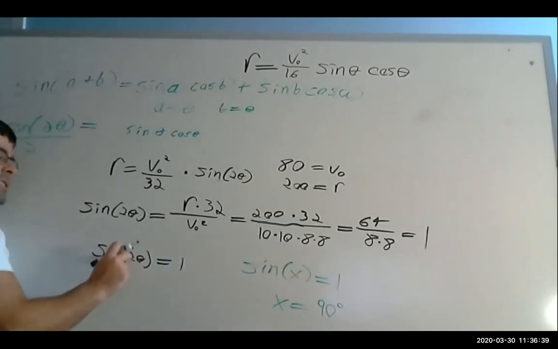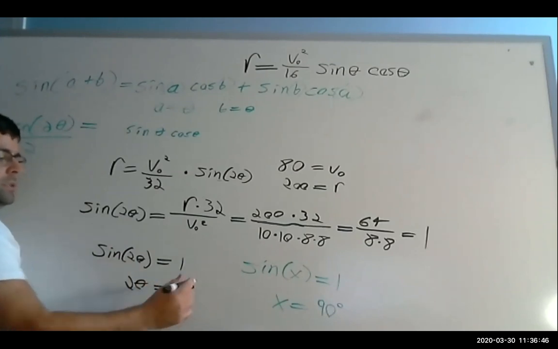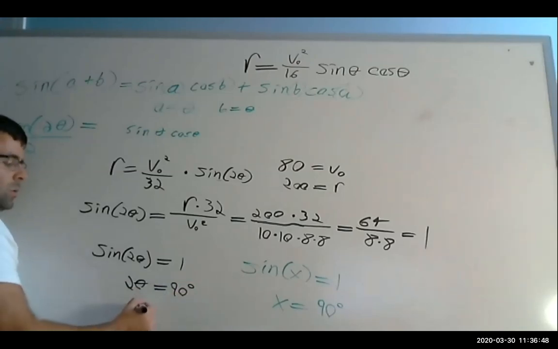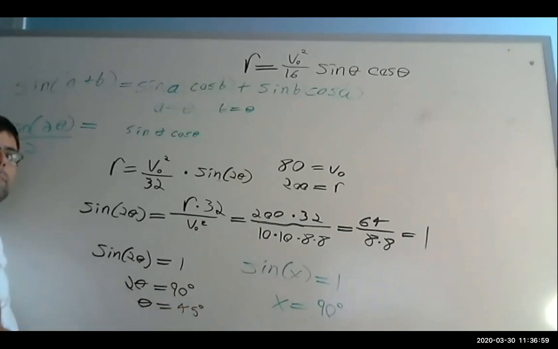Well, the something is 2 theta. So that means that 2 theta equals 90 degrees. So what does theta equal? 45. There you go.